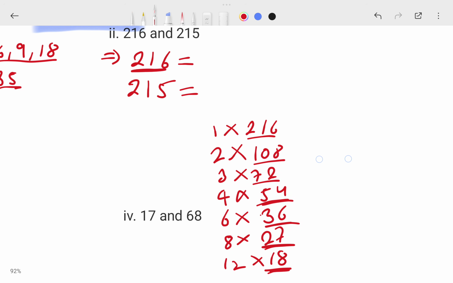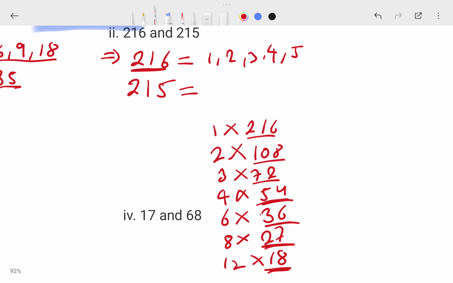So what are the factors of 216? The factors of 216 are 1, 2, 3, 4, then after 5 not, then 6, 8, 12. After the 12, if you count, you will find 216 in the 18 table.